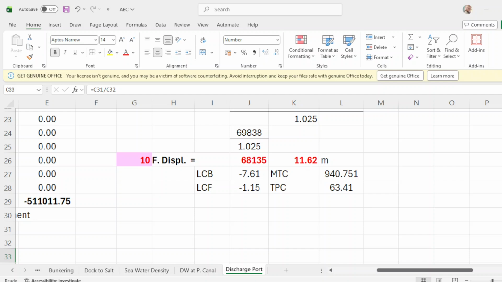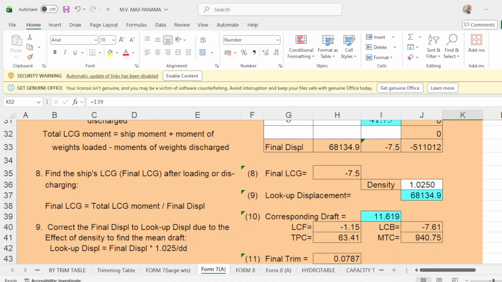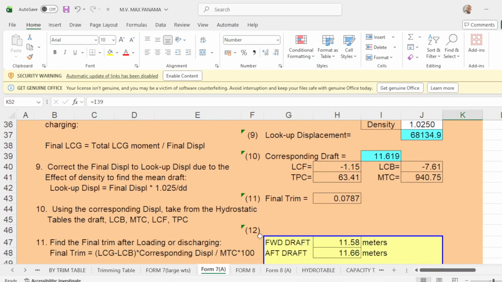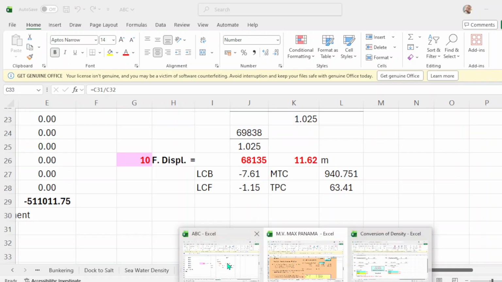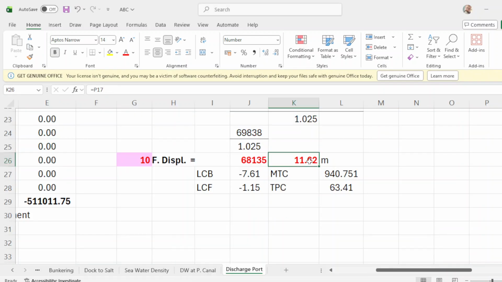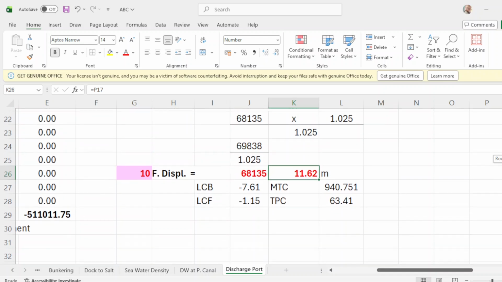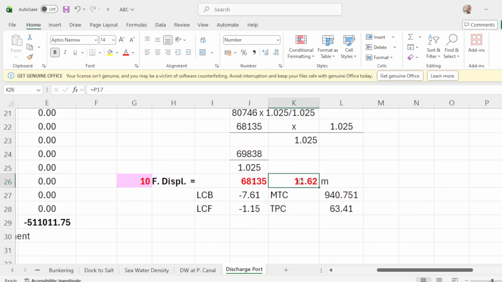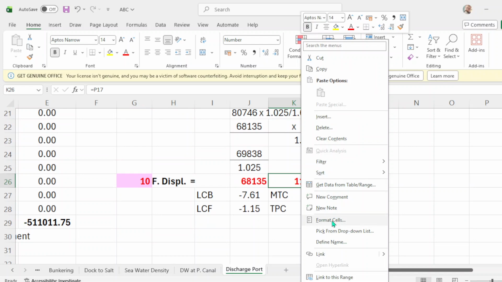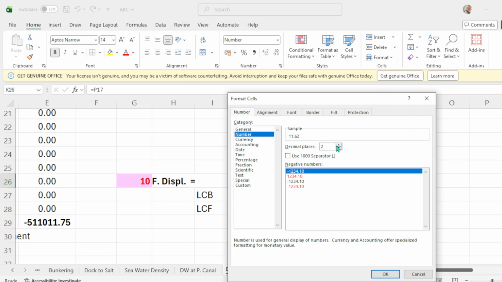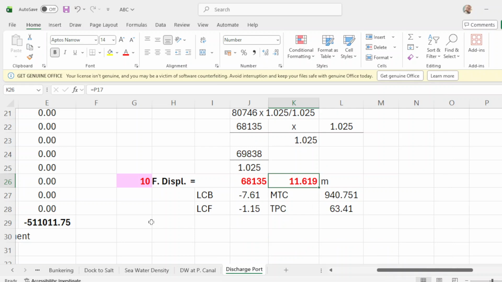That will be number 10, and your draft will be 11.619. Put it like this, that will be 11.619.